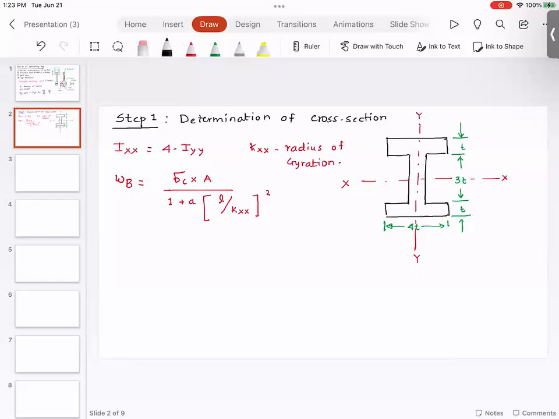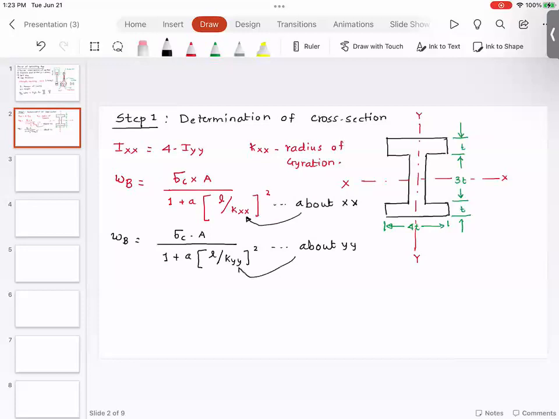And the second one is sigma c times A divided by 1 plus a L by Kyy square. This is about xx, that's why we have Kxx. About yy, that's why we have Kyy.